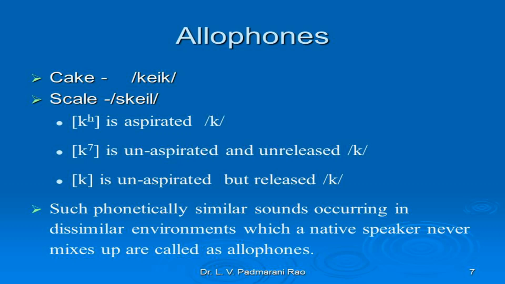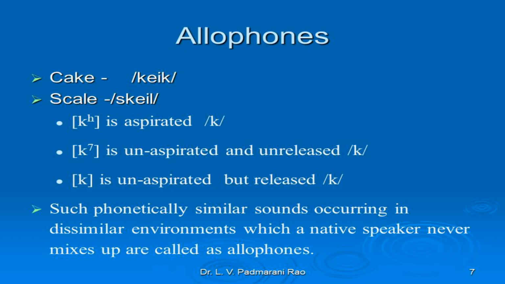Such phonetically similar sounds occurring in dissimilar environments, which a native speaker never mixes up, are called allophones. And even if a non-native speaker mixes them and mispronounces them, it will not bring about any difference in the meaning but is understood as a pronunciation problem.